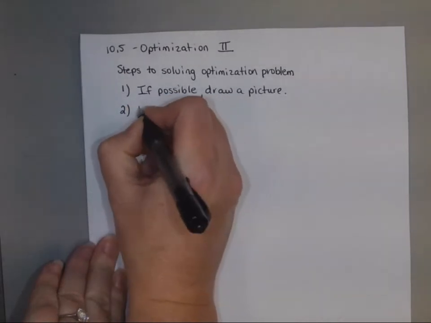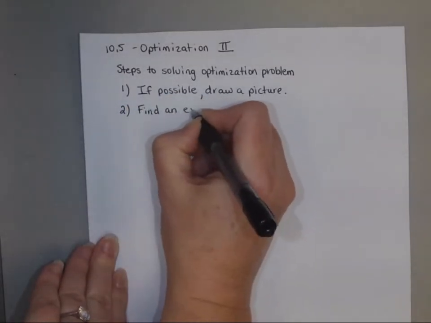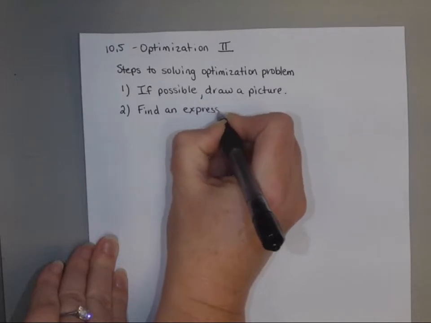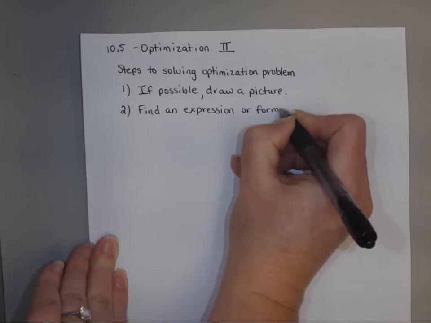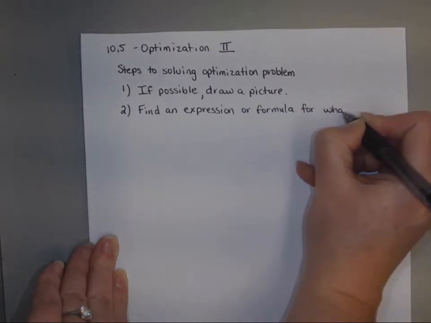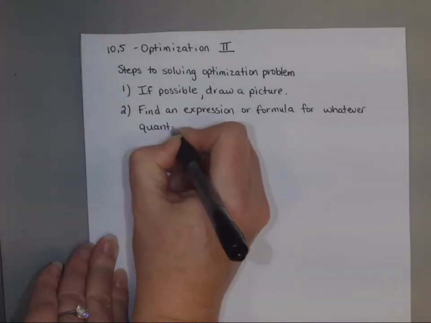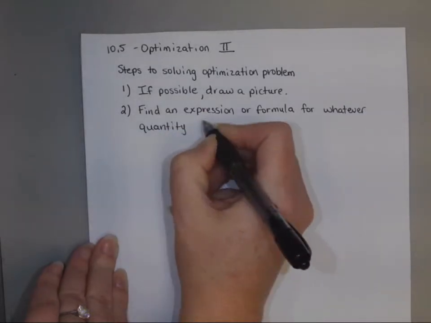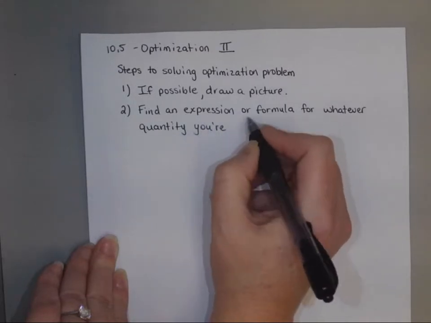Step number 2 is you want to find an expression or formula for whatever quantity you're trying to optimize. So in other words, whatever you're trying to find the max or the min of.